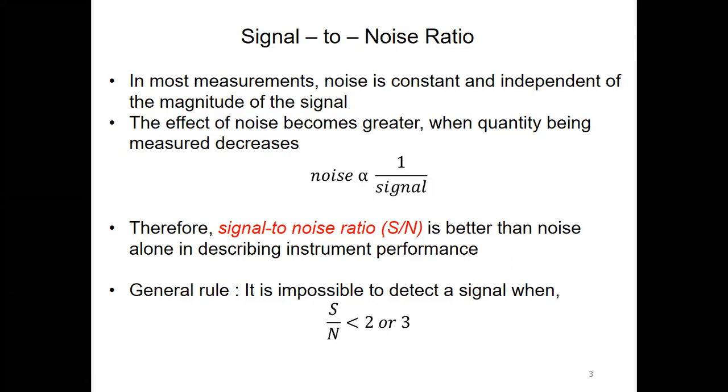In most measurements, noise is constant, and it does not depend on the magnitude of the signal. Any noise associated with the instrument is, in most cases, constant. It is not changing. Therefore, noise does not change with the signal.